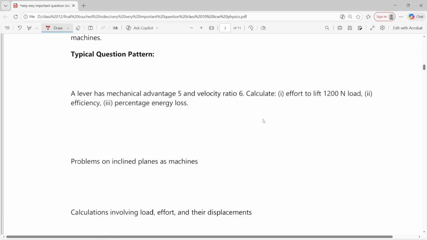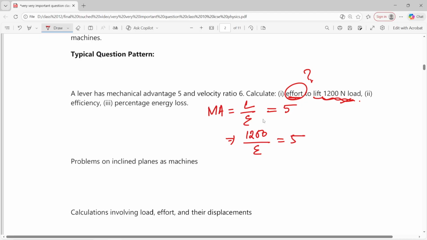Mechanical advantage equals load by effort, and mechanical advantage is given as 5. Calculate the effort to lift the load of 1200 newton. So load 1200 by effort equals 5, so effort equals 1200 by 5.